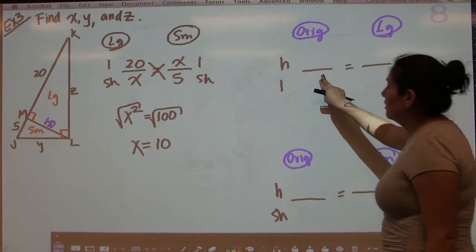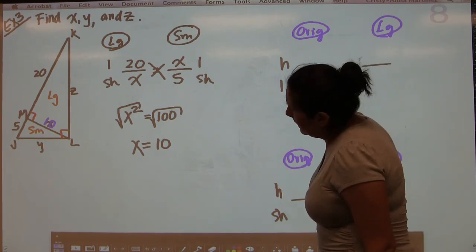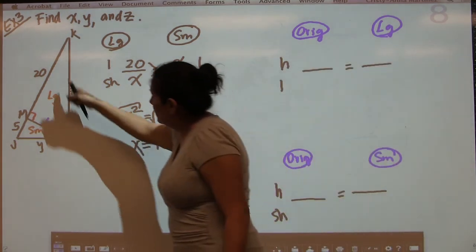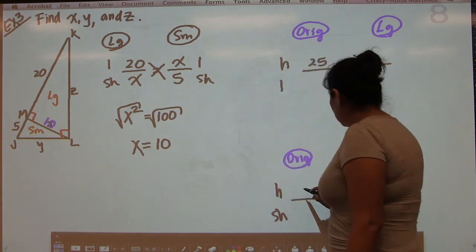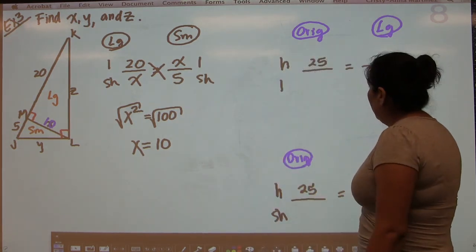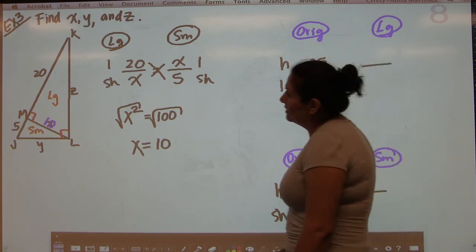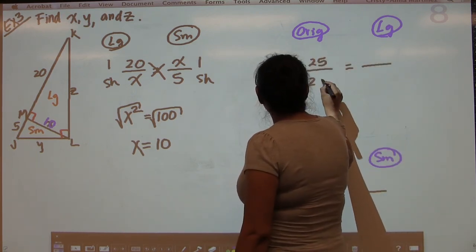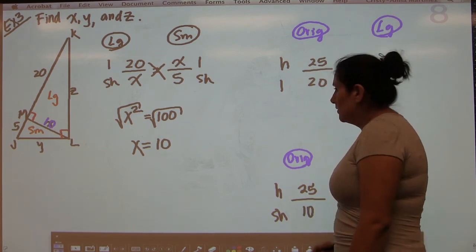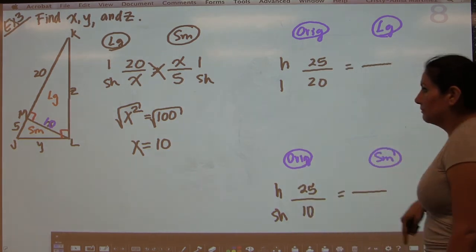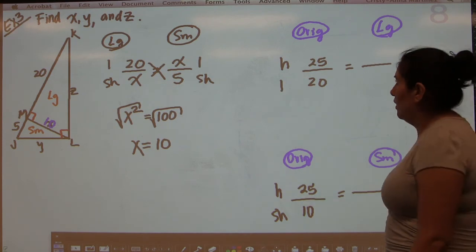In the original triangle, the hypotenuse is 25, because we're going to combine both of those together. So 25 here and 25 there. In the original triangle, the long side is 20, and the short side we just found out is 10 from that previous part there.